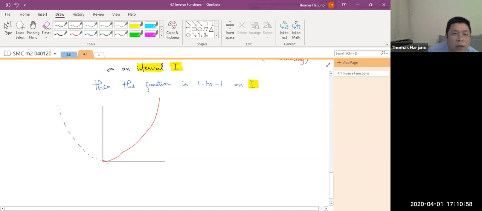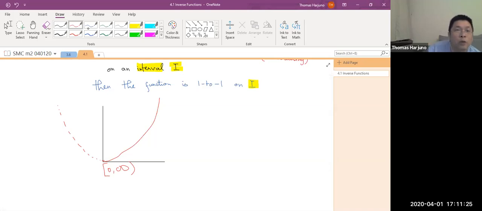But if I restrict the domain from 0 to infinity only, then you see that in this interval it is a function, and it is strictly increasing. If it is increasing, then it is one-to-one on that interval.